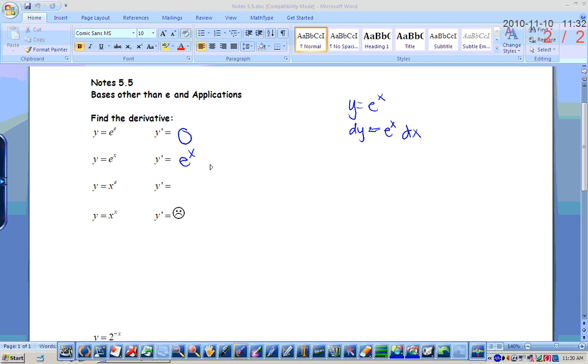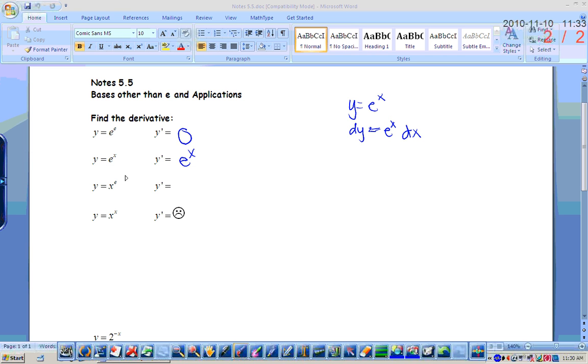Well, the derivative of x is 1. It's more that the derivative of y is dy dx, and the derivative of e to the x is e to the x times 1. And if you wanted to multiply both sides by dx to move it over to the other side, you could.